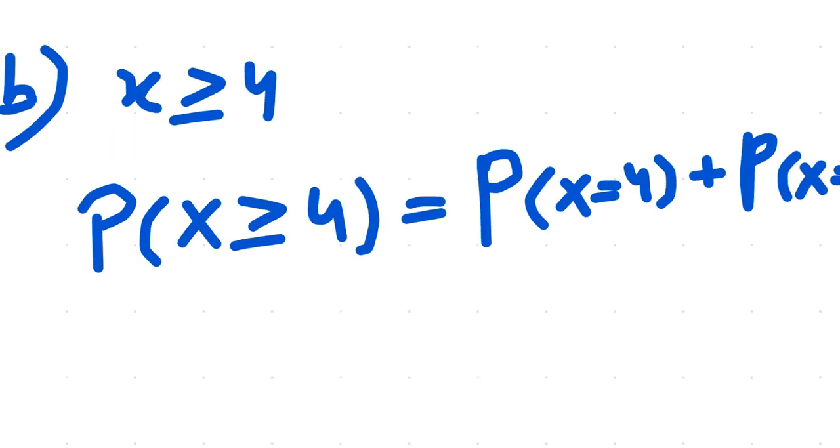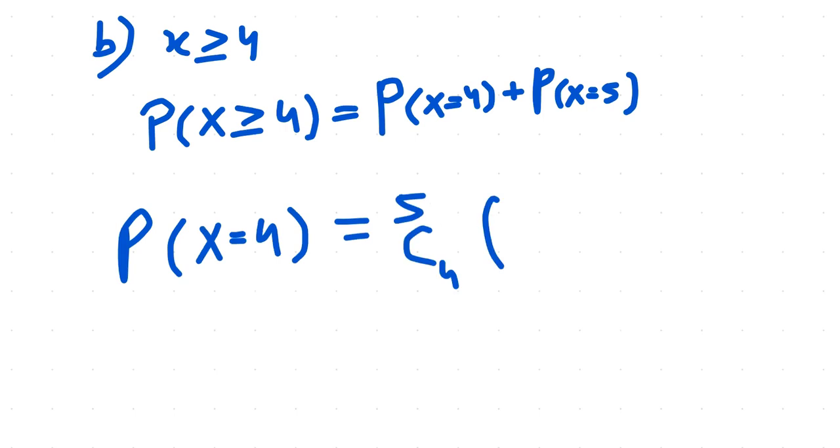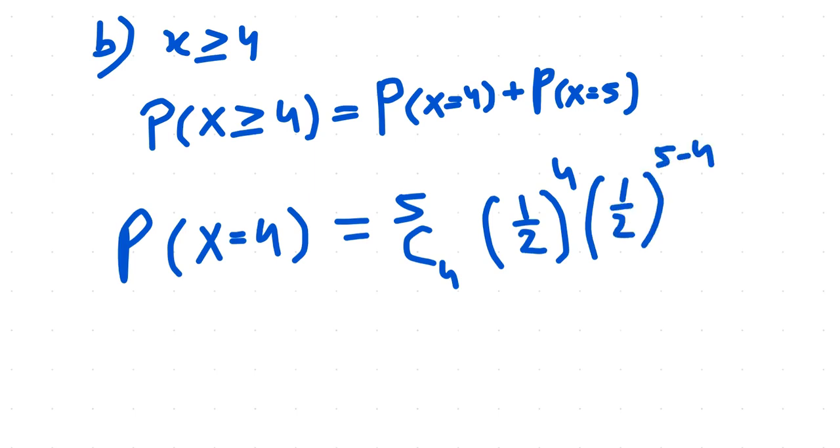We can get a maximum of 5 heads in 5 tosses. Now let us find these probabilities. P at x equal to 4: we will have 5C4, 1 by 2 to the power 4, and 1 by 2 to the power 5 minus 4. So let us find 5C4 here.